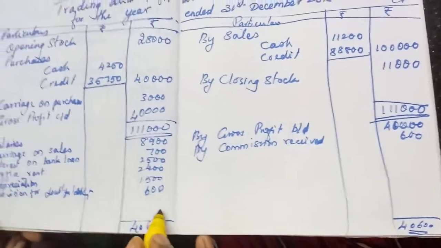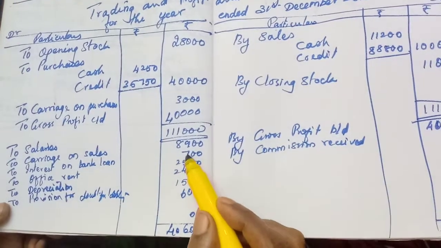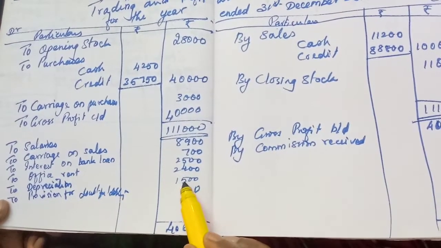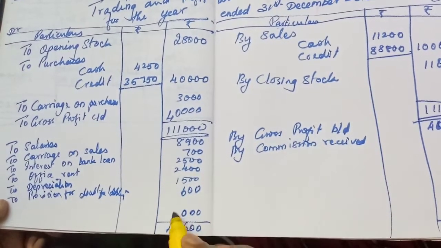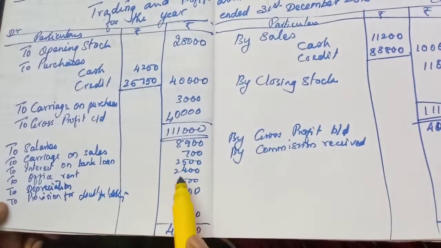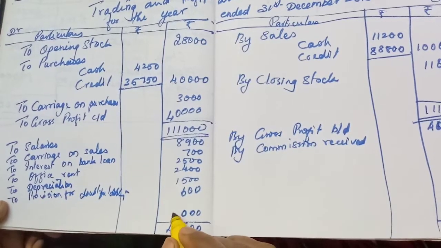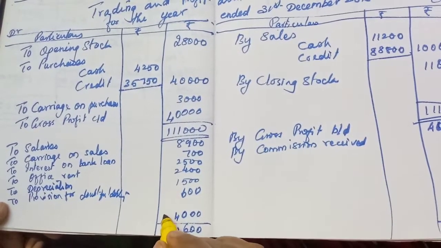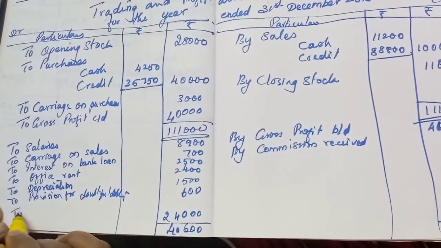Now we will calculate the net profit. Adding up the figures, we get 24,000 as the net profit.